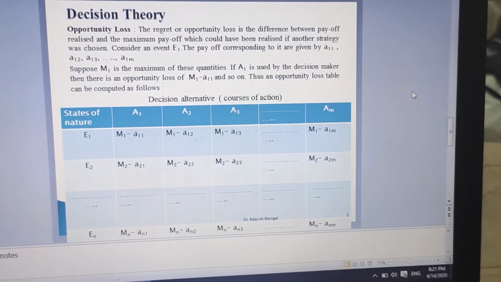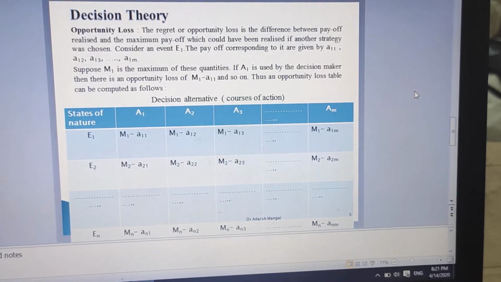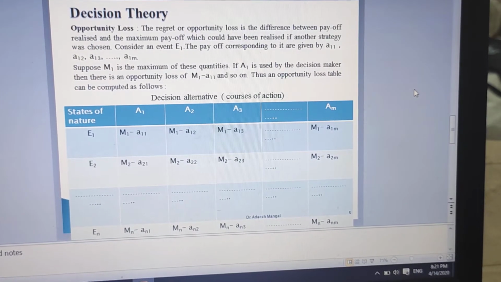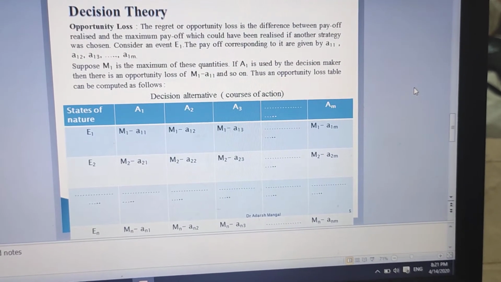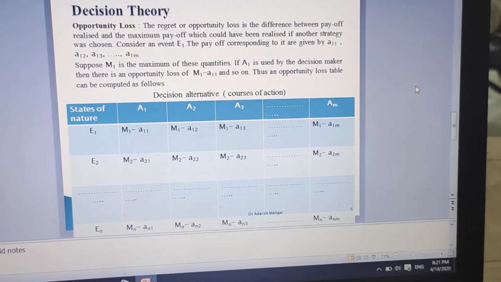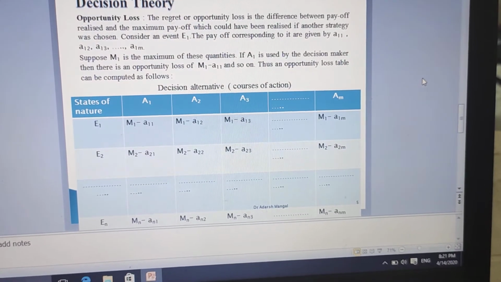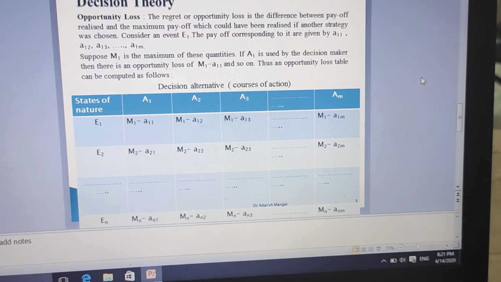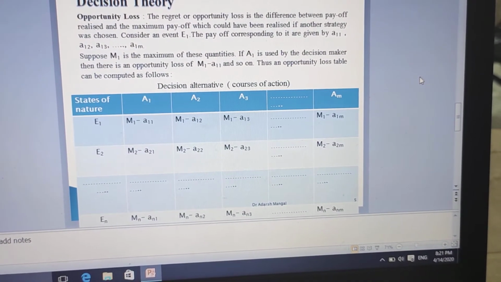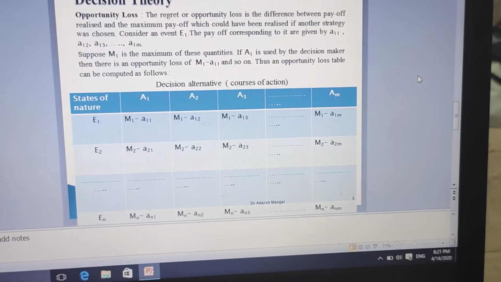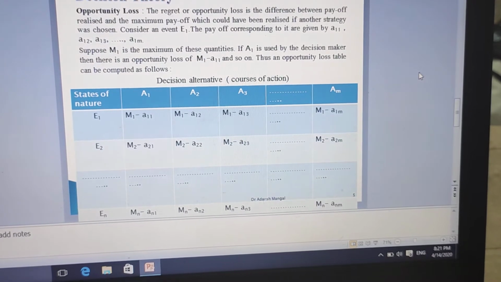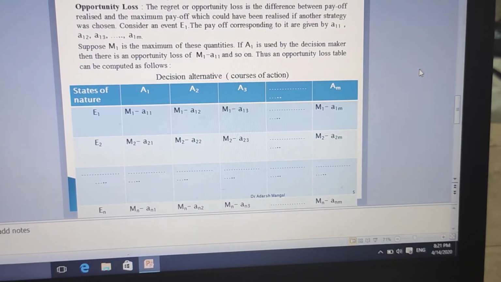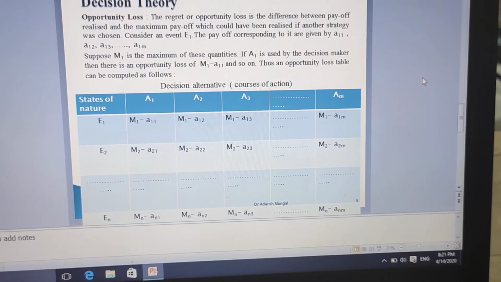If A1 is used by the decision maker, then there is an opportunity loss of M1 minus a11, M1 minus a12, and so on. Thus, an opportunity loss table can be computed as we subtract each and every element of the first row from M1, because M1 is the maximum of these quantities. Similarly for the second row and the nth row.